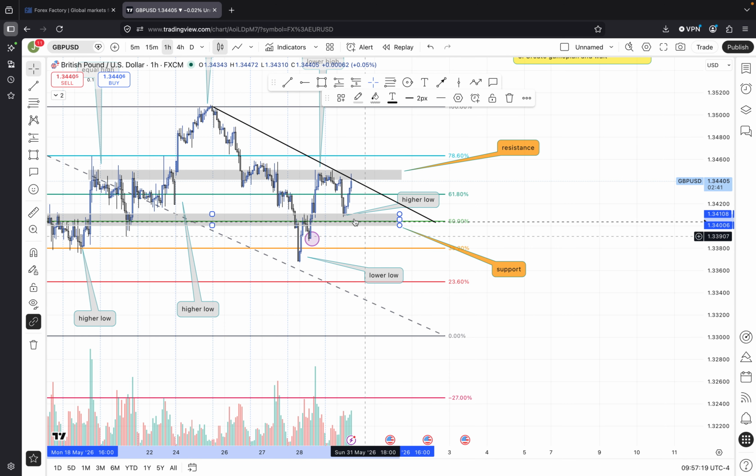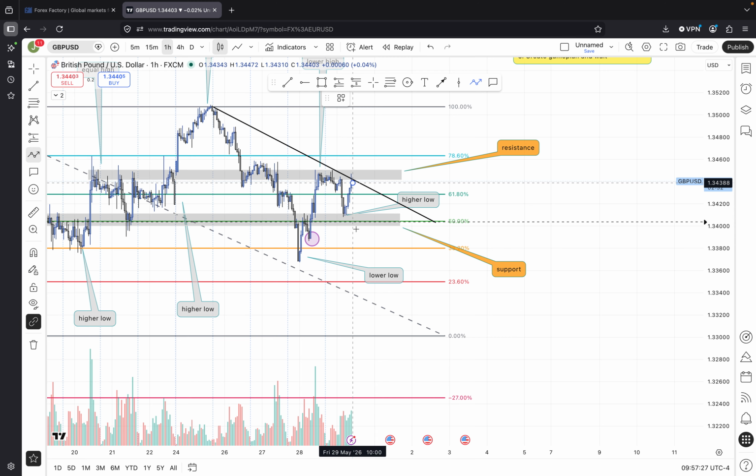It breaks the support. It's no longer a higher low. Cool. Now I'm looking for a lower high. So for visual people, here, and then here. And that's where we'll get out. So that's what I'm looking at as far as trying to create this trade.